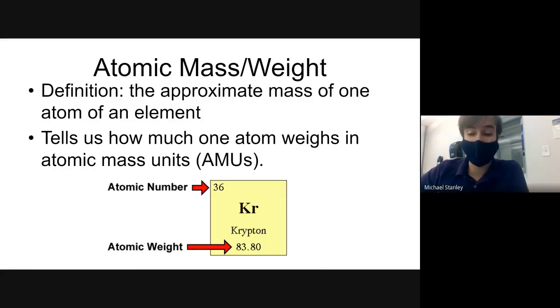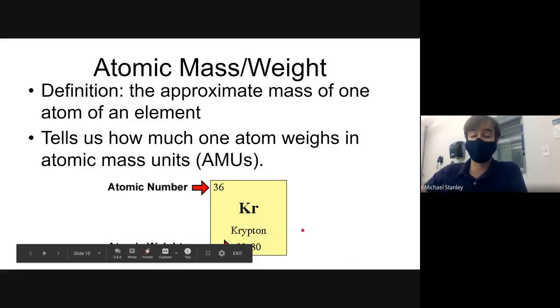Now, as you might be able to guess, these atoms are so incredibly teeny tiny small that we can't measure them in pounds or ounces or grams. If we did, every atom would be like 0.0000000000000000192 ounces, and nobody wants to write all those zeros out each time.